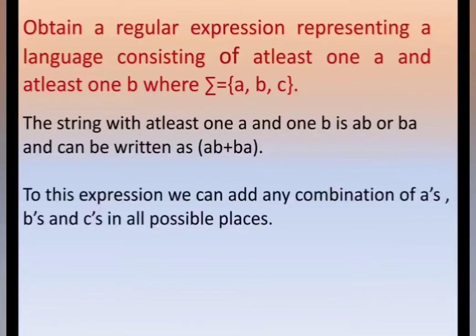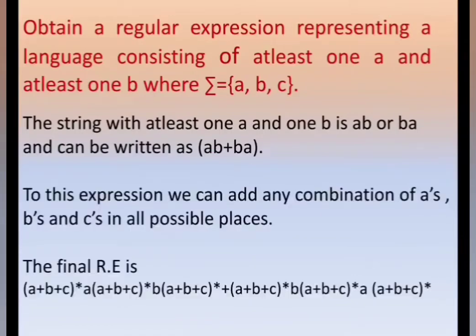So the final expression can be written as shown here, that is (A+B+C)* A (A+B+C)* B (A+B+C)*. That means we have added (A+B+C)* between AB, at the beginning and at the end. Similarly for the string BA, we added at the beginning, in the middle as well as at the end.